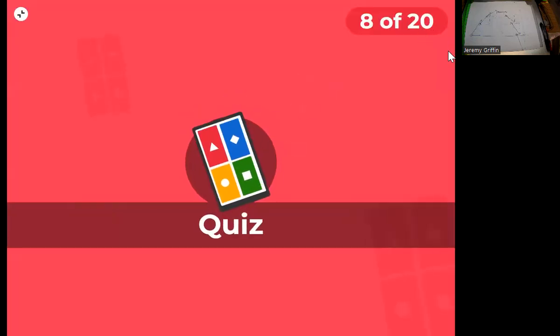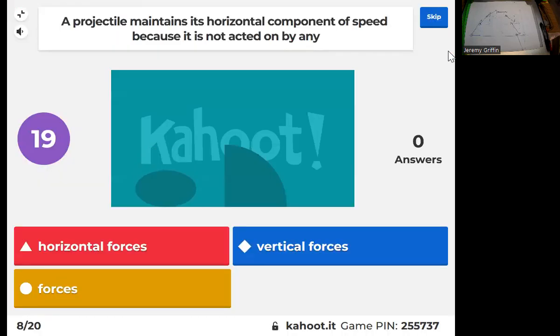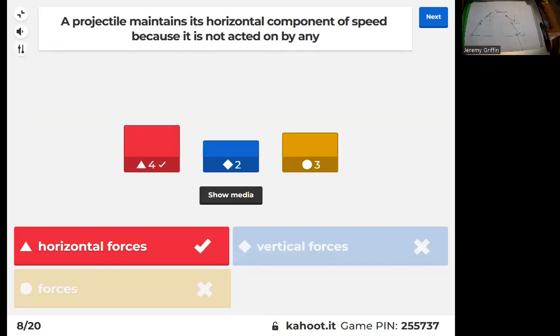Evan on fire, still top spot. Projectile maintains its horizontal component of speed because it's not acted on by any what? Yeah, horizontal forces, right?